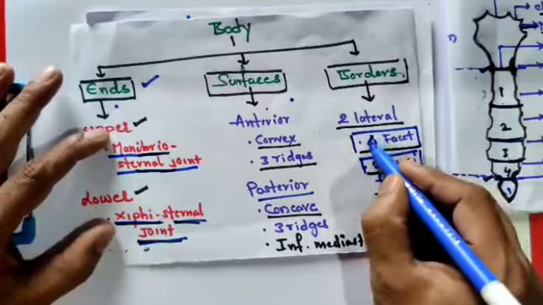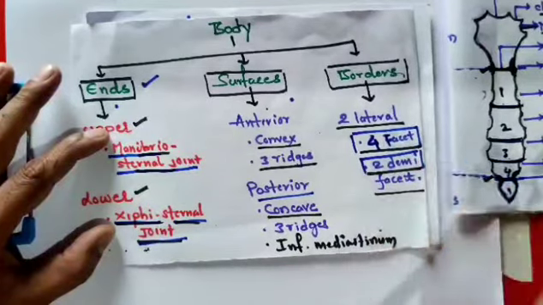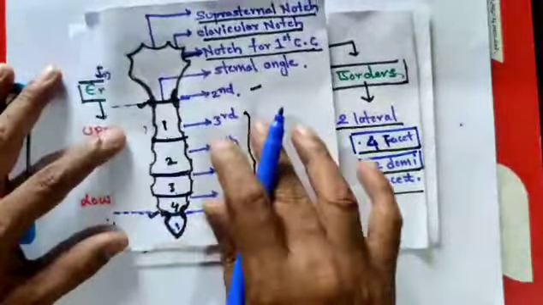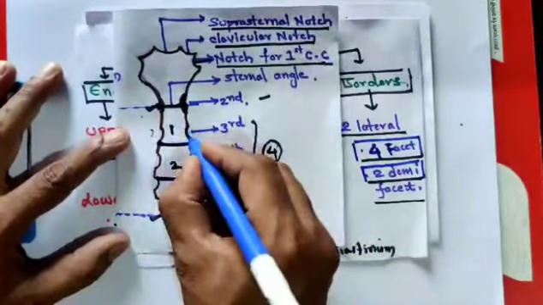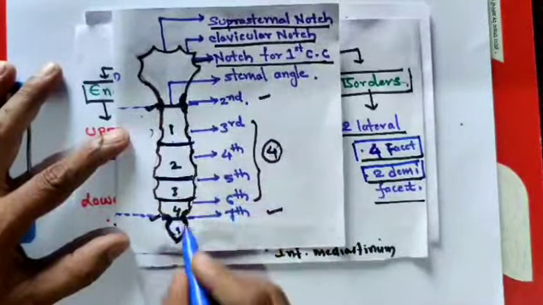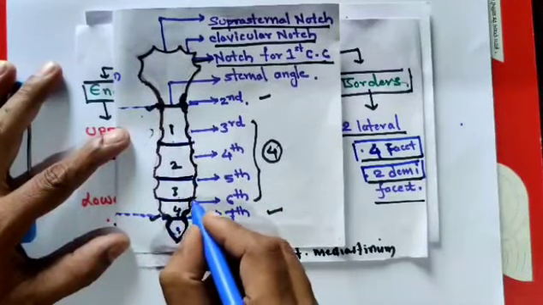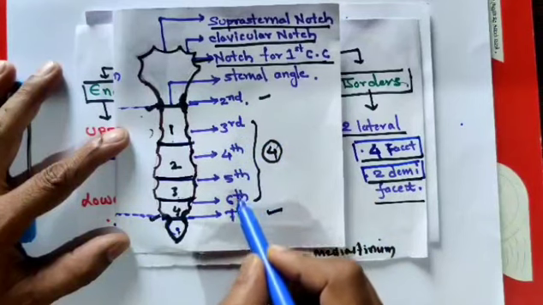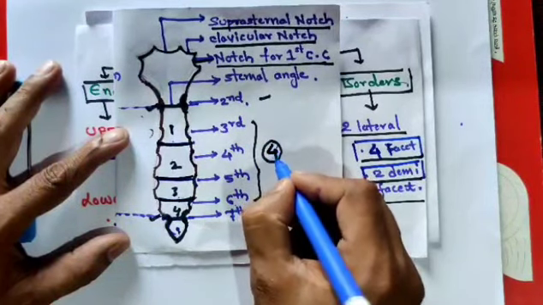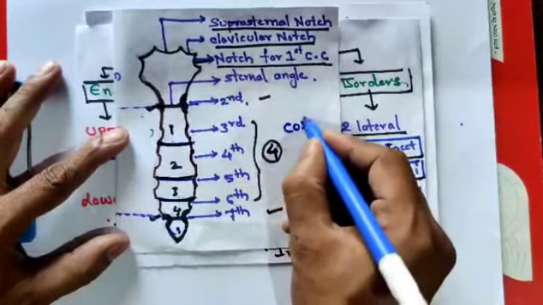First we are going to discuss the four facets. See here, this is the lateral border of the sternum. Here is a complete articular facet. This is also a complete articular facet, and this, and this. So how many? Third, fourth, fifth and sixth, meaning four costal cartilages.